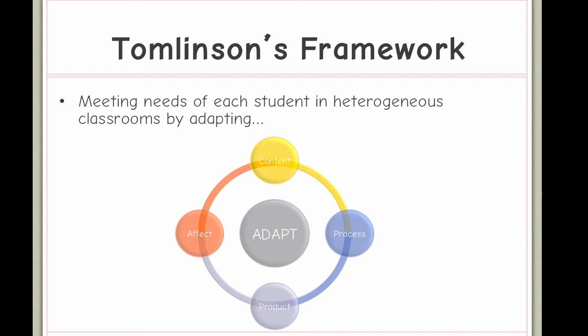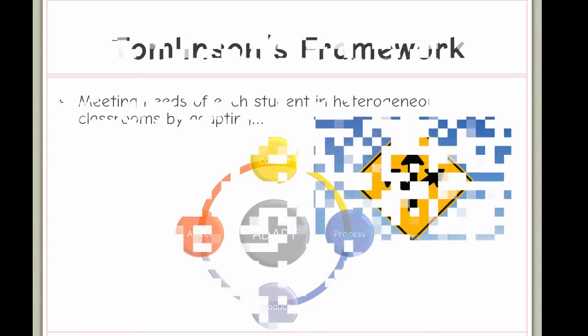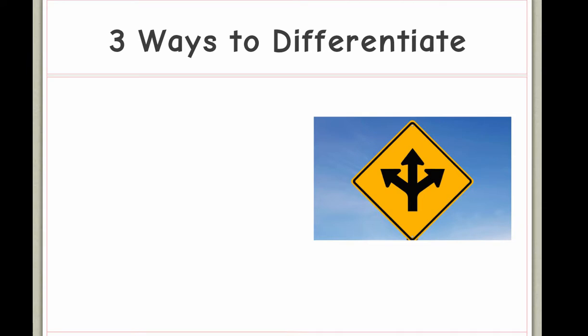So now we're going to dig in a little bit more and talk about how we actually differentiate. We can differentiate by students' readiness. That means their ability level, or the pace at which they learn, or in some cases, their English proficiency.